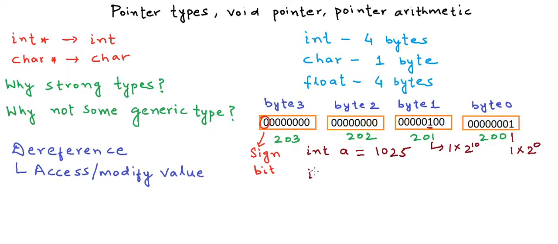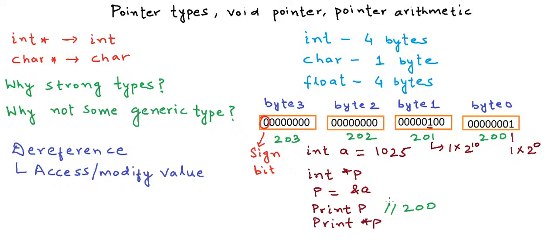Now what if I declare a pointer to integer p and store the address of a in p by using the ampersand operator? What will happen if I print the value of p? The value of p, or the address stored in p, will be 200, the address of byte 0. So we are saying that we have the address of an integer variable starting at address 200.